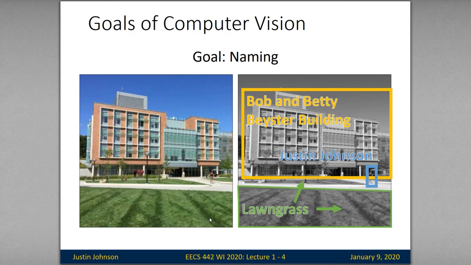Then for some applications, we might even want to have some more detailed information about the things that are in the view. So we might want the system to be able to name certain objects or persons to identify individual instances.